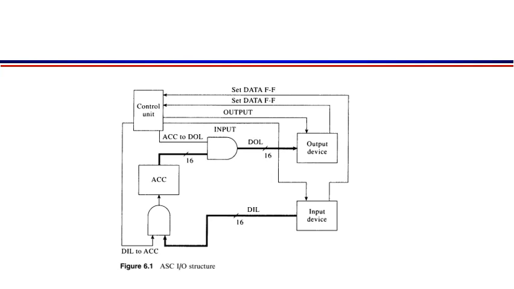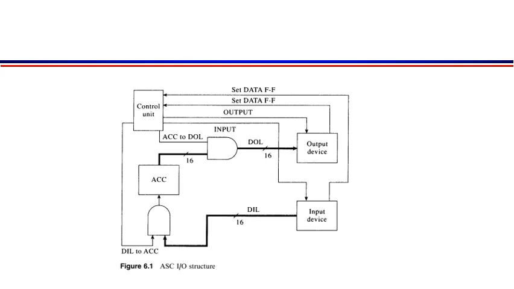When this input signal is active, the input device will transfer its data to the data input lines. And when the output signal from the control unit is active or high, the output device will accept data from the data output lines.